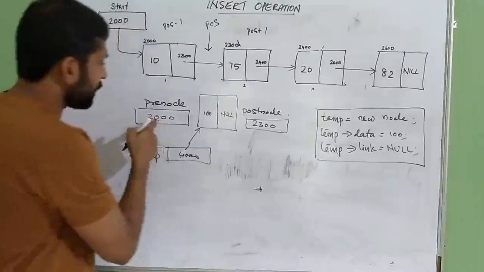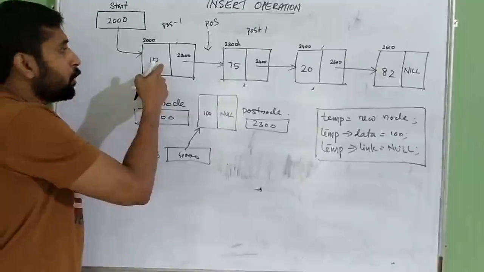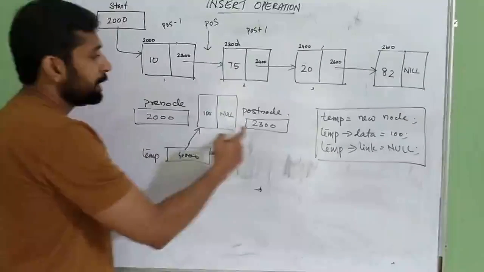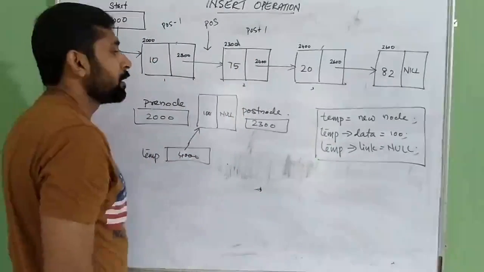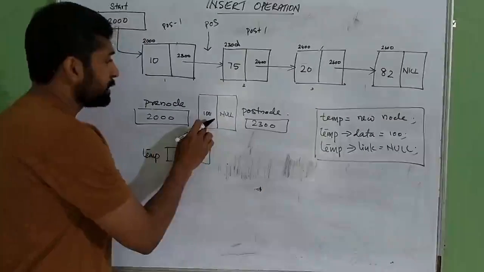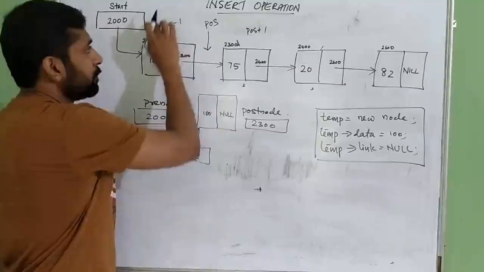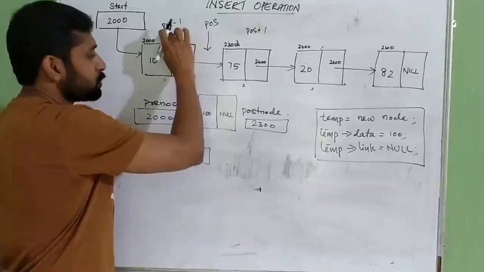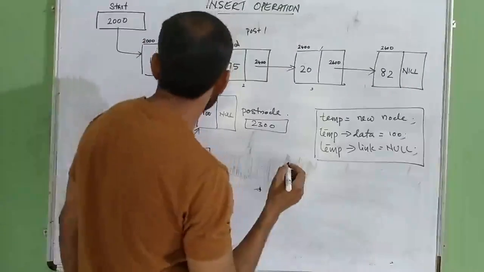So here in pre-node we have the address of the node at POS minus 1. In post node we have the address of the node at POS plus 1. Now we have to make the address part of POS minus 1 hold the address of temp. So we can write like this.